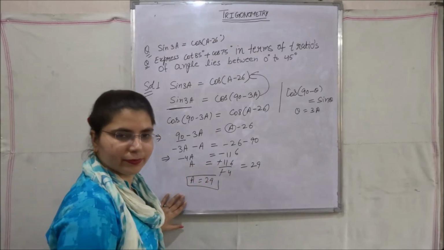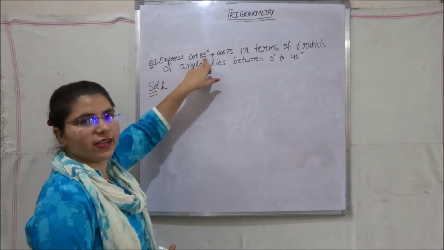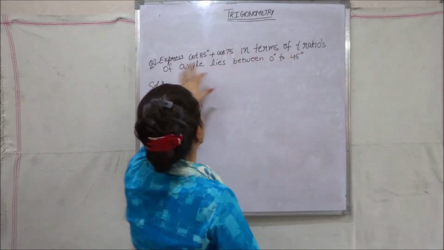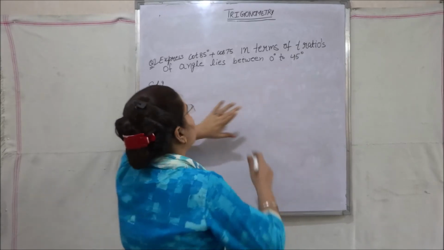That's it. Let's do the second question. Express cot 85 degree plus cos 75 degree in terms of t ratios of angles lying between 0 to 45 degree.